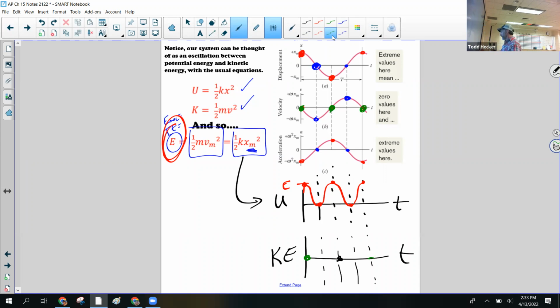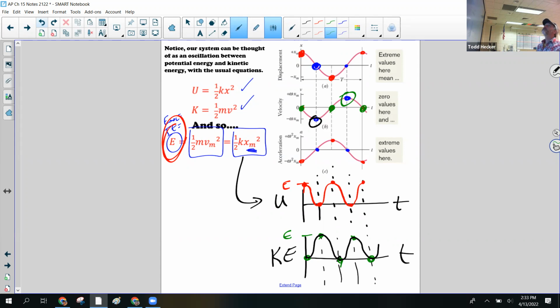Velocity is 0, kinetic energy is 0. And then here I'm at a maximum velocity. It's negative, but that doesn't matter, because it's going to get squared. Same thing here. And so then we make it look like a sine squared graph.